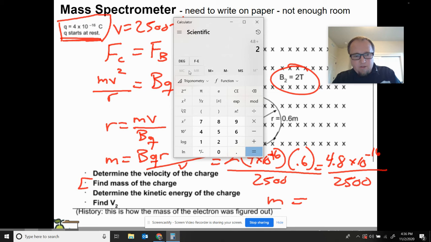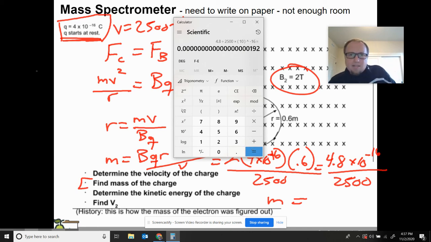So 4.8 divided by 2,500 times 10 to the negative 16. That's huge.